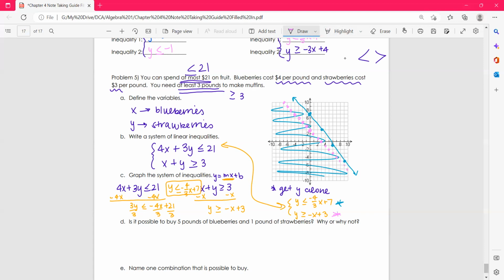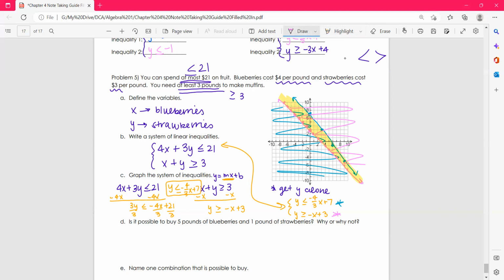These are very close together, aren't they? It is an "or equal to," so it's a solid line, and it is a greater than, so I'm going to shade above. Which region has both shades? That's that tiny region in between. It has both shaded marks.